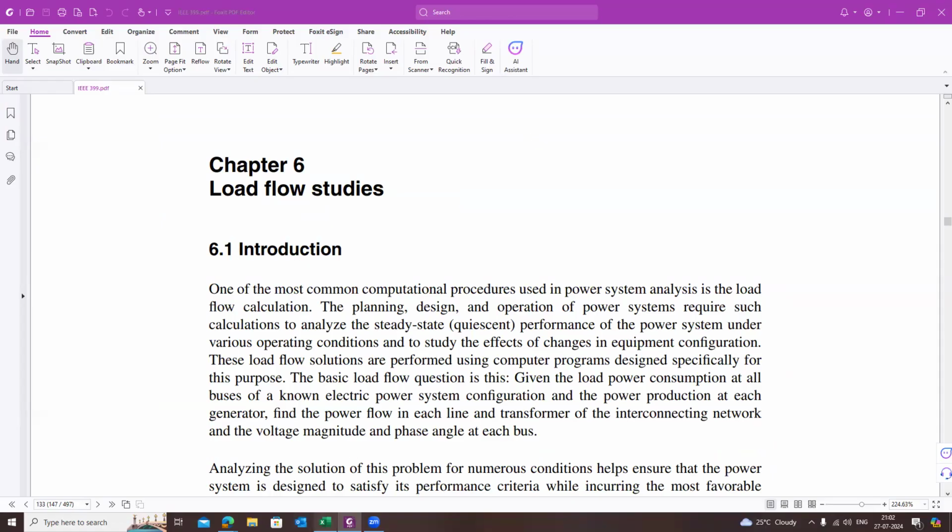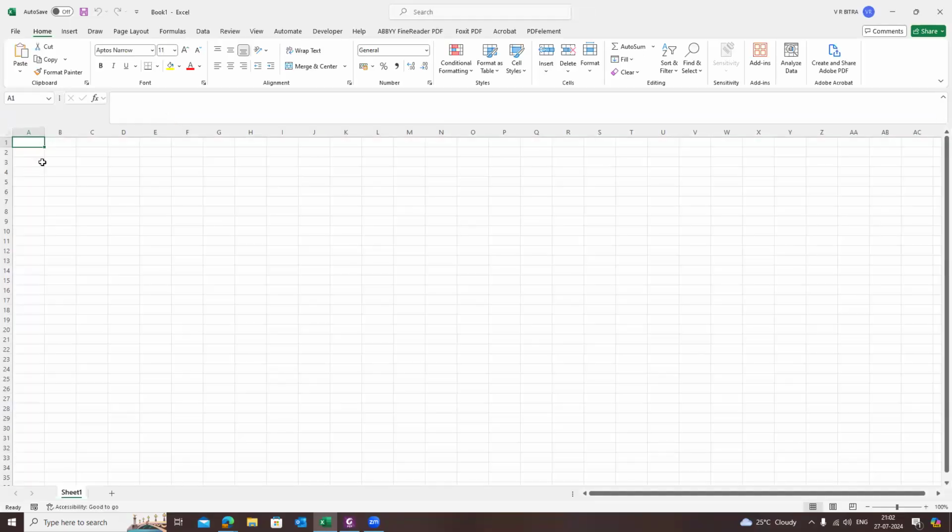We'll talk about the IEEE 399 for the load flow, and we'll try to maintain that sheet as well. So basically the standard IEEE 399 is what we are going to touch. I am not going to go through the complete 3000 series, because 399 itself is in depth. That defines the load flow in a much better way.